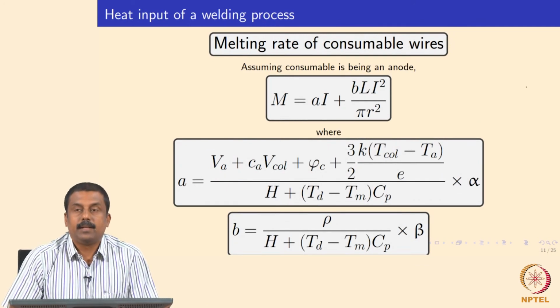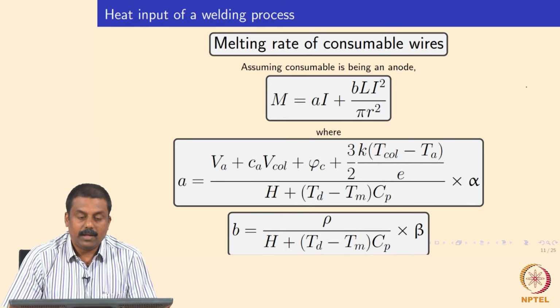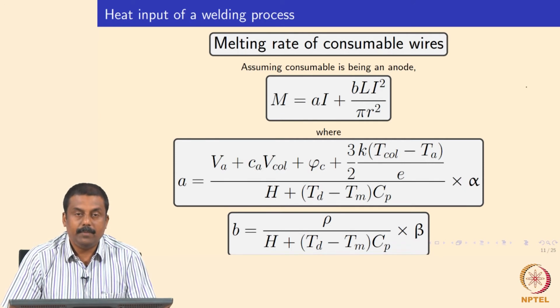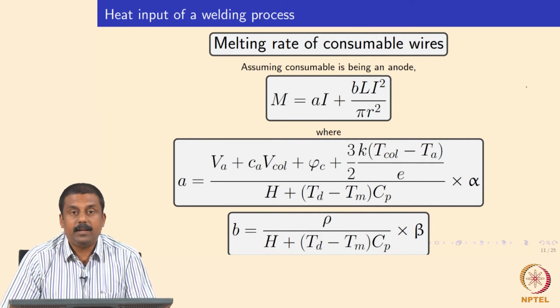The other important parameter in a consumable welding process is the melting rate of the consumable. That is very important to understand, because it determines your weld bead geometry and your productivity. It is again a function of the amount of heat that is transferred to the electrode, whether we keep the electrode positive or negative.